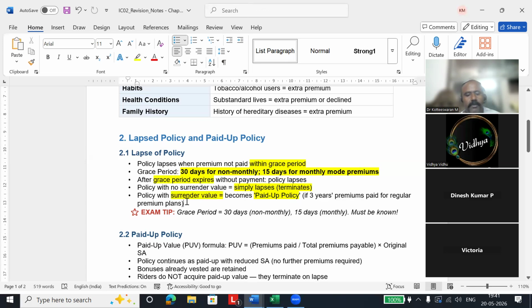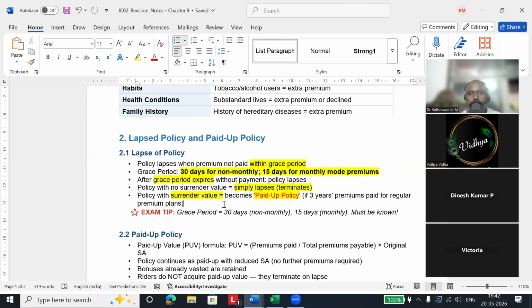So if the policy has surrender value, what happens to the policy? It won't get closed. It becomes a paid up policy. So this is a very important term, paid up policy. Paid up policy means the policy will not get closed. It will get reduced. The face amount will get reduced and it will continue.